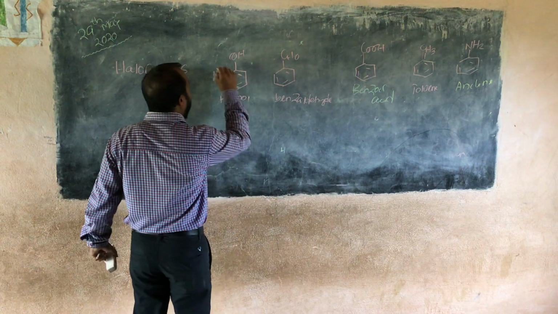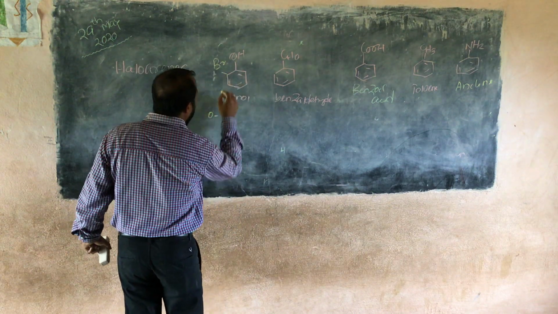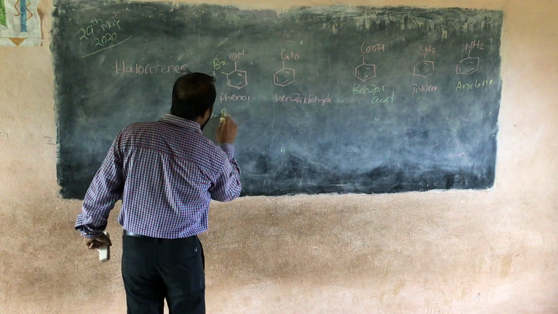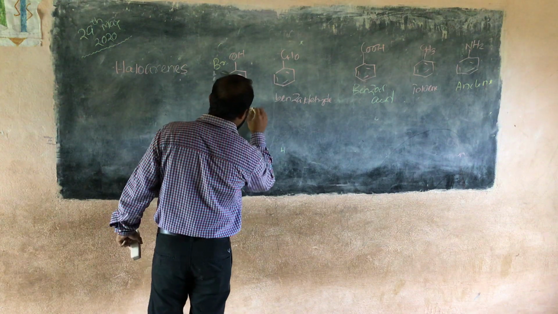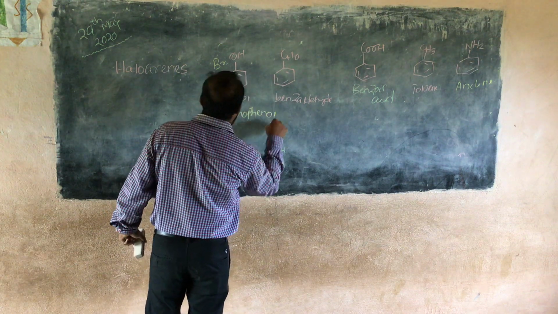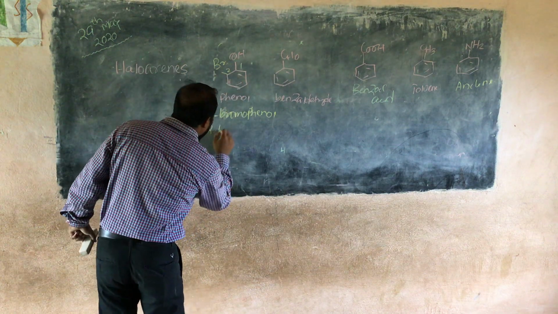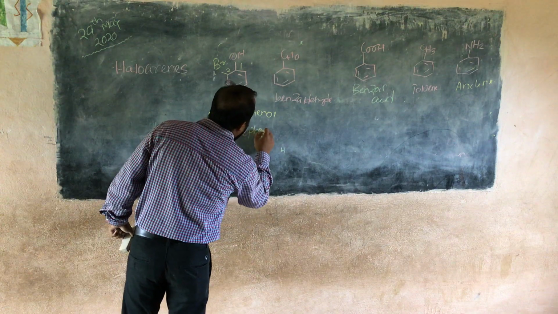So, by keeping bromine here, its name will be ortho. This is ortho, meta, para. Ortho-bromophenol, or you start numbering 1, then 2-bromophenol.